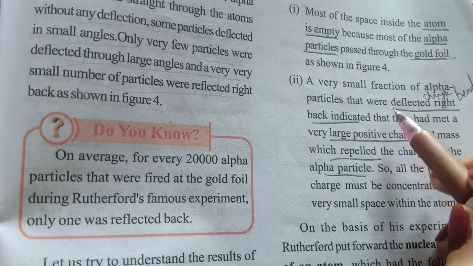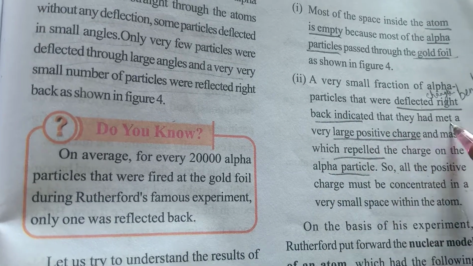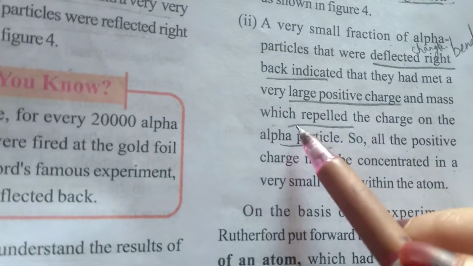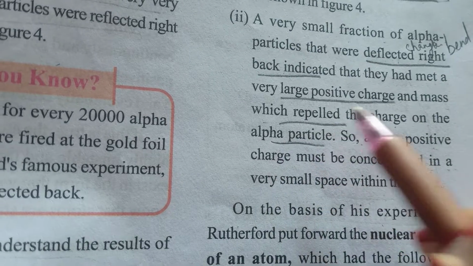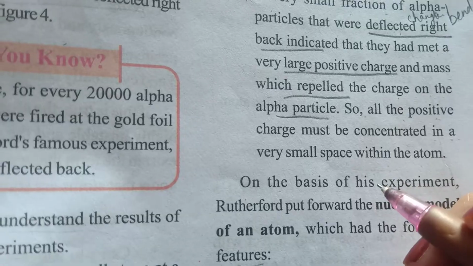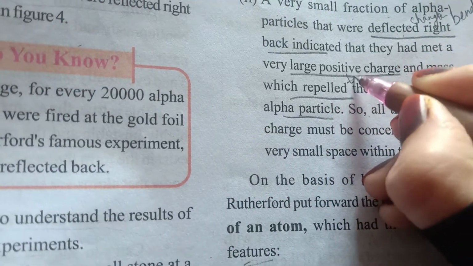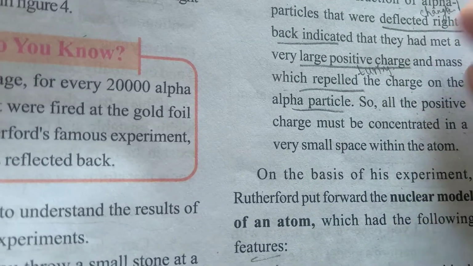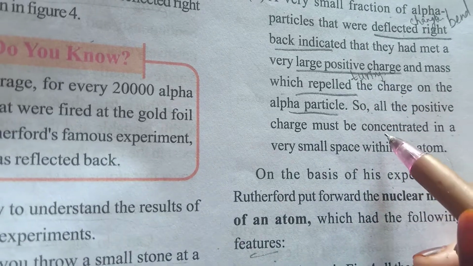So some rays bend back, indicating that they meet a very large positive charge, right? And the mass repels the charge of the alpha particle, repelled in the sense of turning back. So some rays turn back because of positive charges.